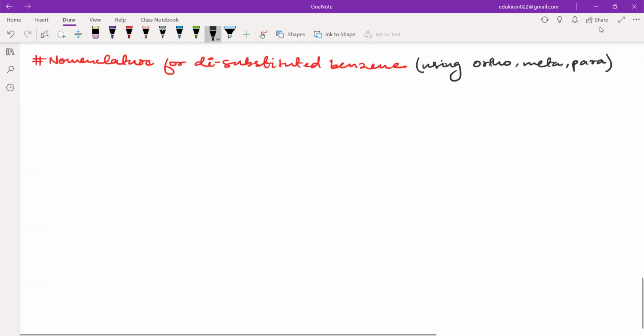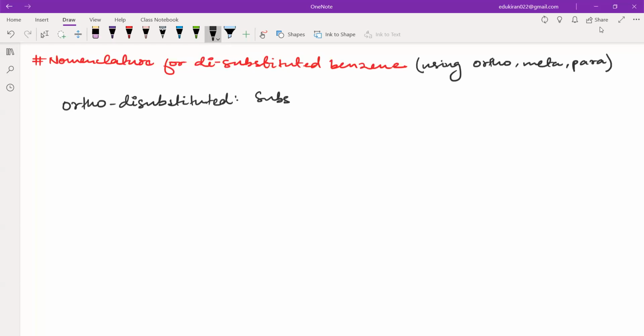Okay. So first thing first, ortho disubstituted means substituents attached on adjacent carbons of benzene.